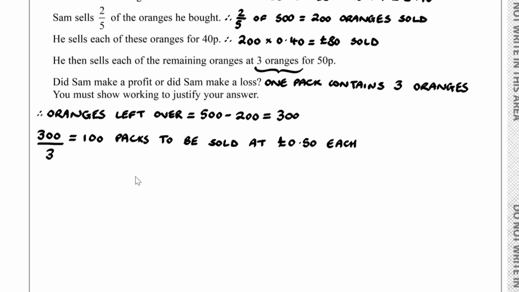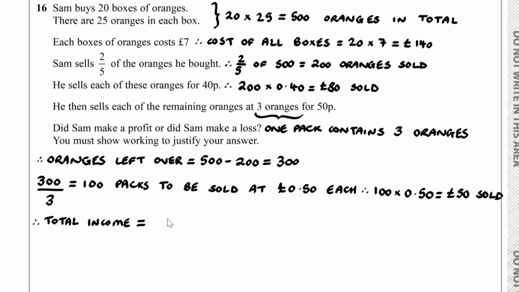So if I do 100 times by 50p, I get £50. So £50 are sold with these packs, and therefore the total income is the £80 plus the £50, which is £130.